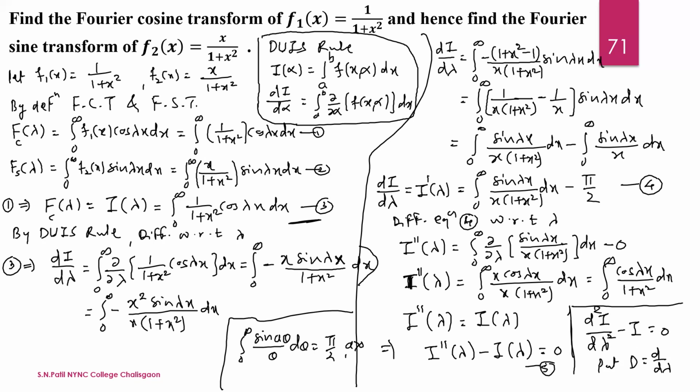So it becomes (D square minus 1) I, with I common, is equal to 0, and the solution of this kind of equation is complementary plus particular, where the particular integral is 0 because the right hand side is 0. So we only find the complementary function.